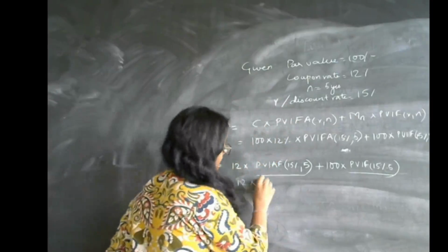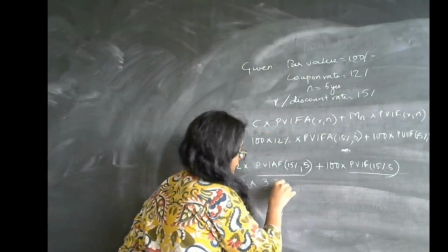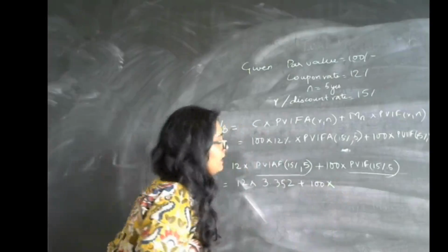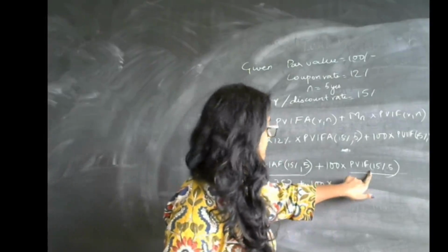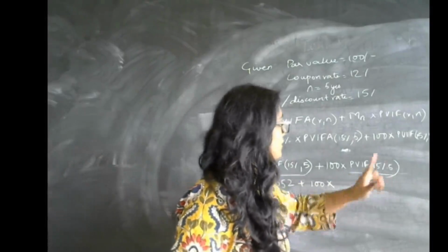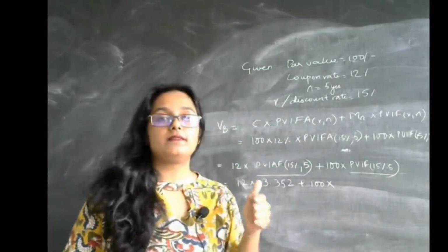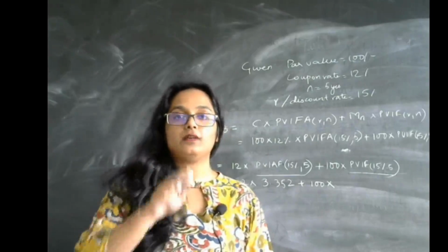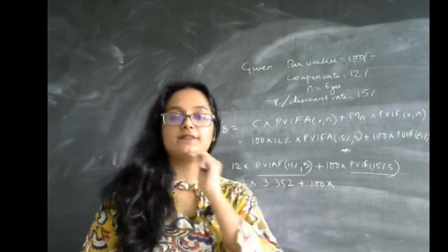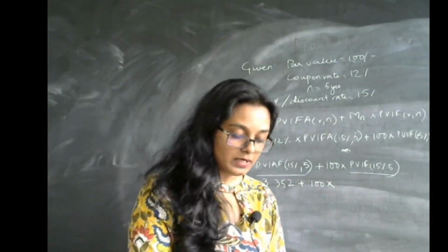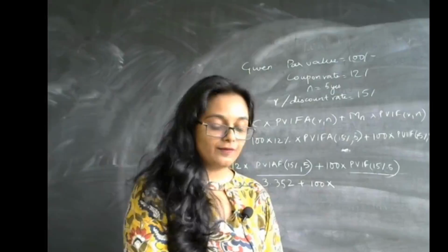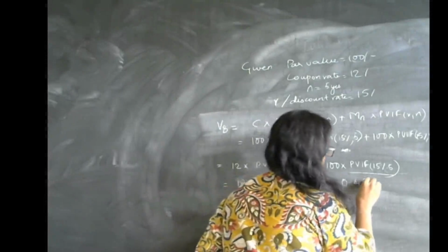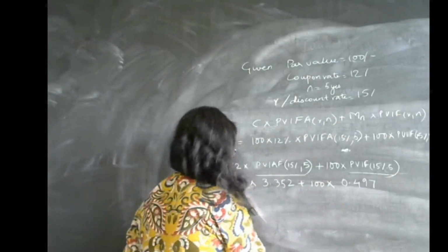So 12 multiplied by 3.352 plus 100 multiplied by present value interest factor at 15% for 5 years. Now go to the present value interest factor table. Check for 15%, 5 years. How much is the amount? It will come to around 0.497.